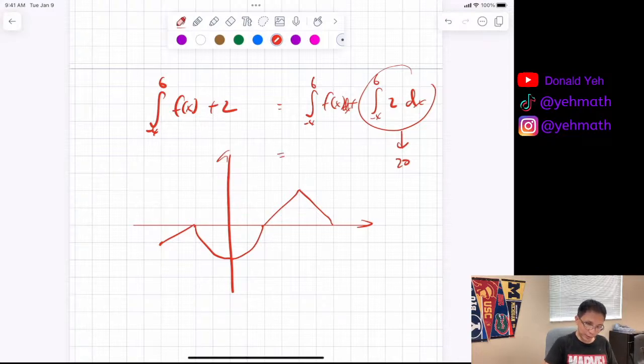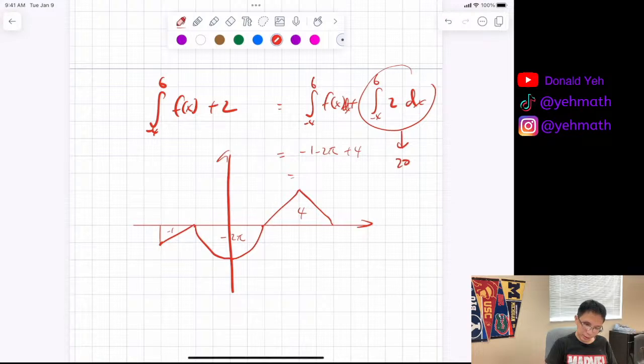For -4 to 6, this one's -1. This one's -2 pi. And 6 is going to be, this one is 4 times 2, 8, is 4. So -1 minus 2 pi plus 4.